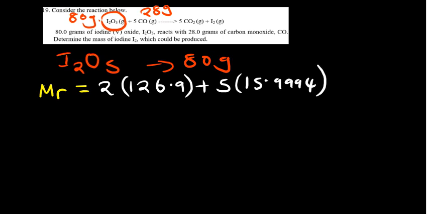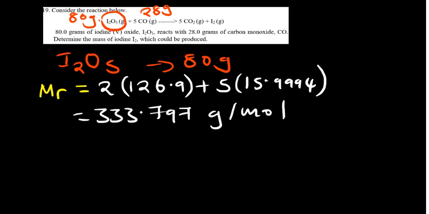So 2 multiplied by 126.9 plus 5 multiplied by 15.9994. What are we going to have there? What we're going to have is 333.797 grams per mole. So that's our molar mass in such a case. So we do have our molar mass.